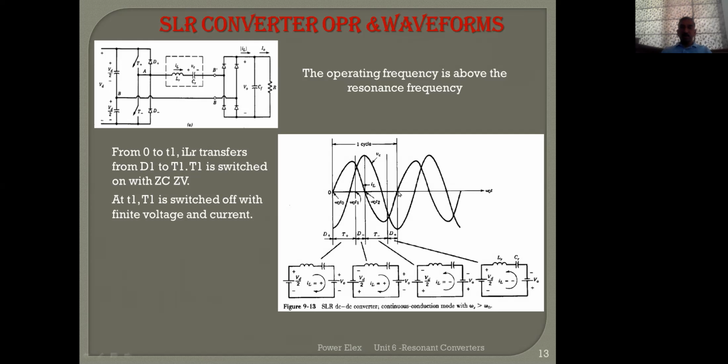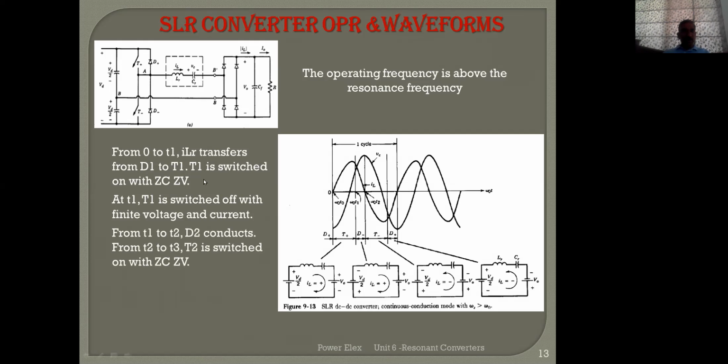So in this, from 0 to T1, current transfers from D1 to T1. T1 is switched on with 0 current and 0 voltage, because V0 was below 0 at that point. At T1, T1 is switched off with finite voltage and current. At this point, see, some finite voltage and finite current.